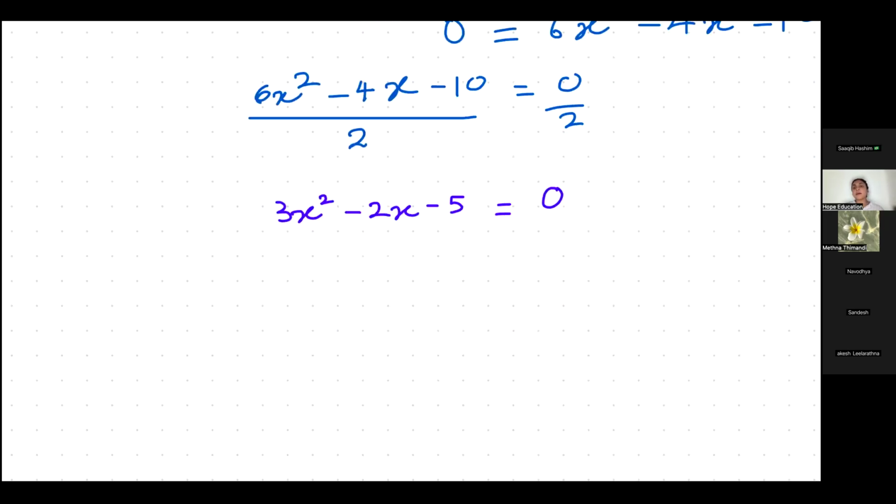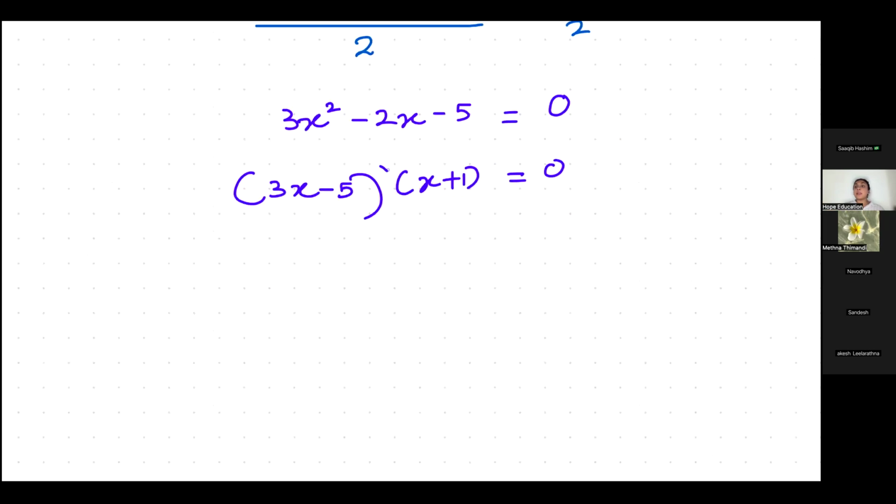Now, in the usual way, we have to simplify this by factorizing. This is something you already know, so I'm not going to go through that again. When you factorize this, you should get 3x minus 5 and x plus 1 equals 0, right? So two brackets multiplied giving 0 means either 3x minus 5 is 0 or x plus 1 is 0.